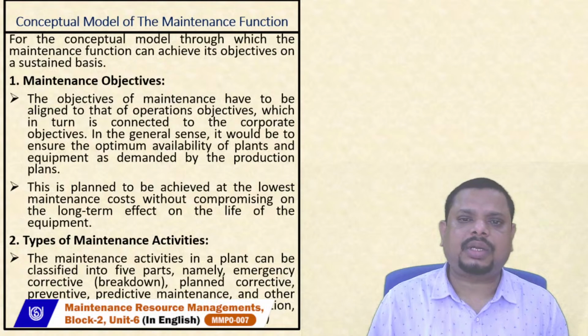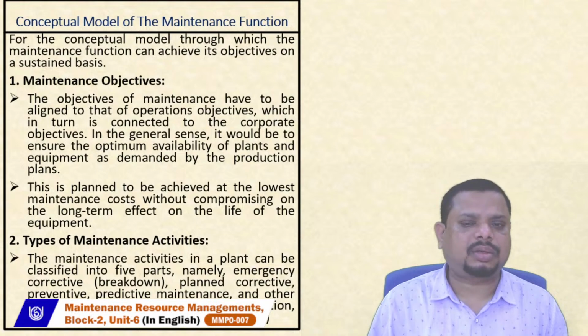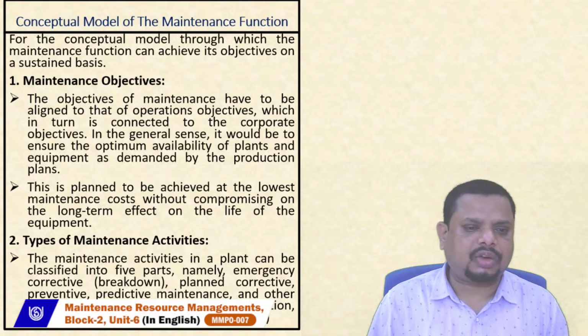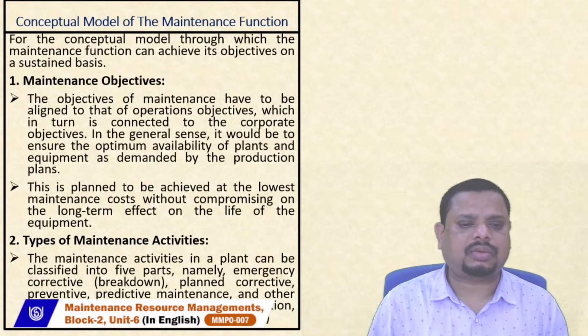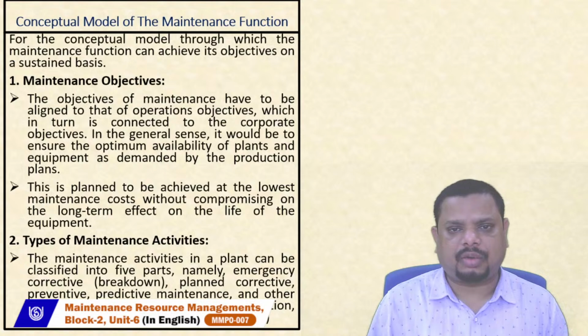So it is the duty of the maintenance management department to frequently investigate the machines and provide corrective maintenance, day-to-day maintenance, monthly maintenance, or maybe take up a quarterly maintenance program, so that whenever the equipment is demanded by the production plan, they will provide it and fix the problems. This is planned to be achieved at the lowest maintenance cost without compromising on the long-term effect on the life of the equipment.